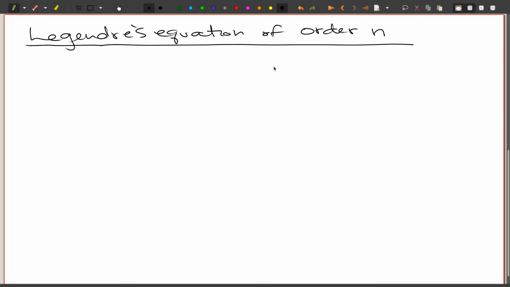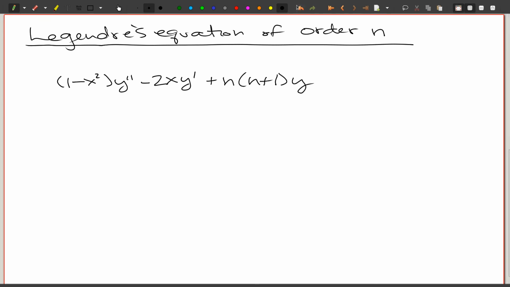Okay, so what that's going to look like is something like this: (1 minus x squared) y double prime minus 2x y prime plus n times (n plus 1) times y equal to 0. So that's the specific type of differential equation we'll be solving.